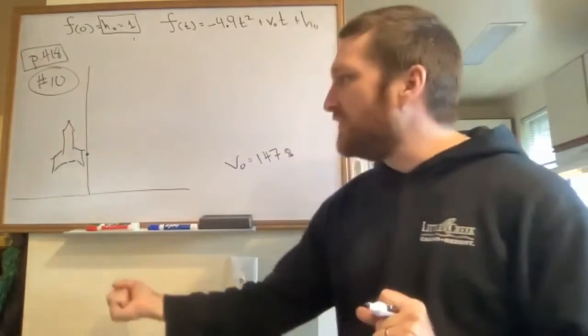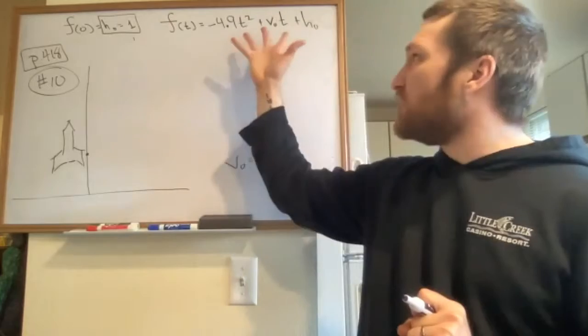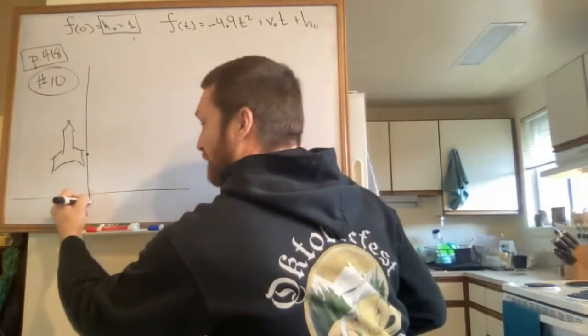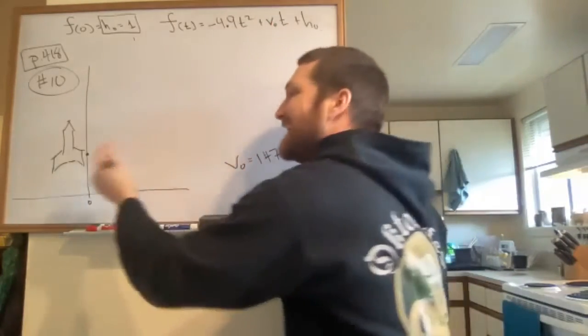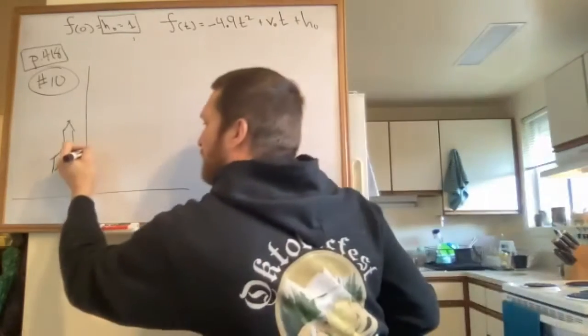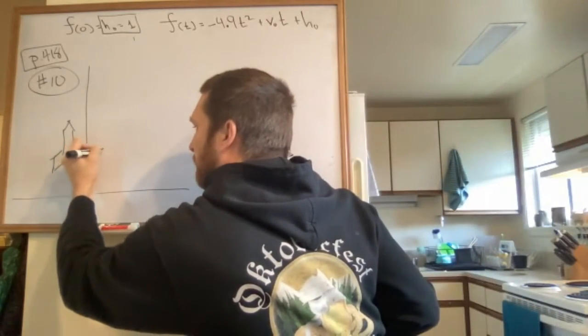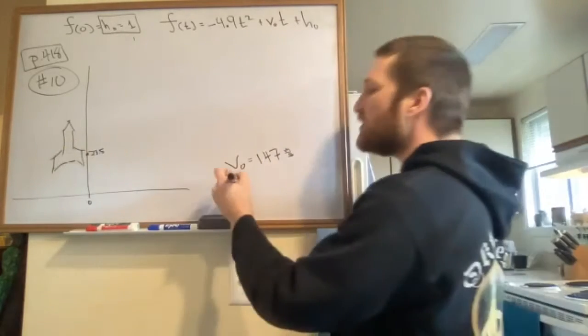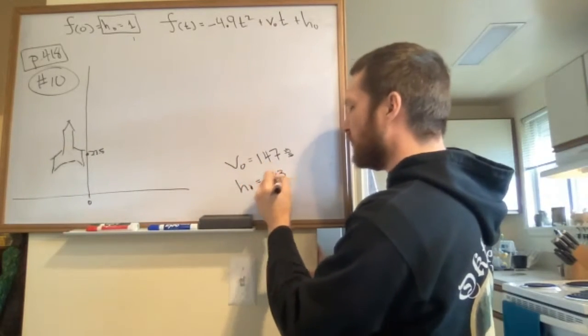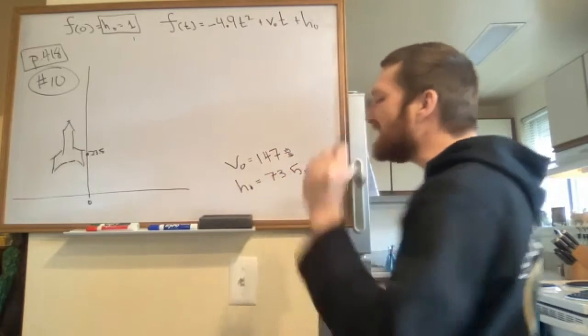So at the instant that we could start doing physics on this thing, we call that time zero. And it says that height is 73.5 meters. So that means h0, the initial height, is 73.5 meters.